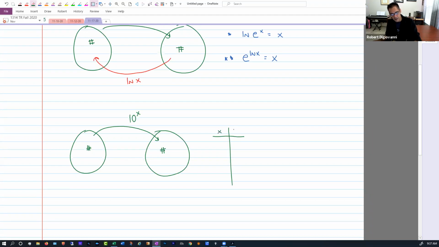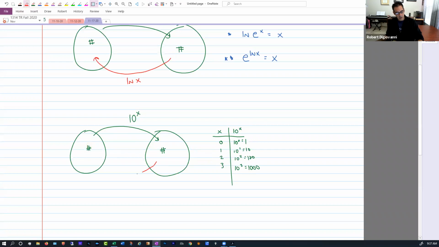If you plug in X, here's 10 to the X. We could plug some numbers in here, 0, 1, 2, 3, whatever. 10 to the 0 would be 1, 10 to the first power would be 10, 10 squared is 100, 10 cubed is 1,000, right? So that's what would happen if we go from left to right here.